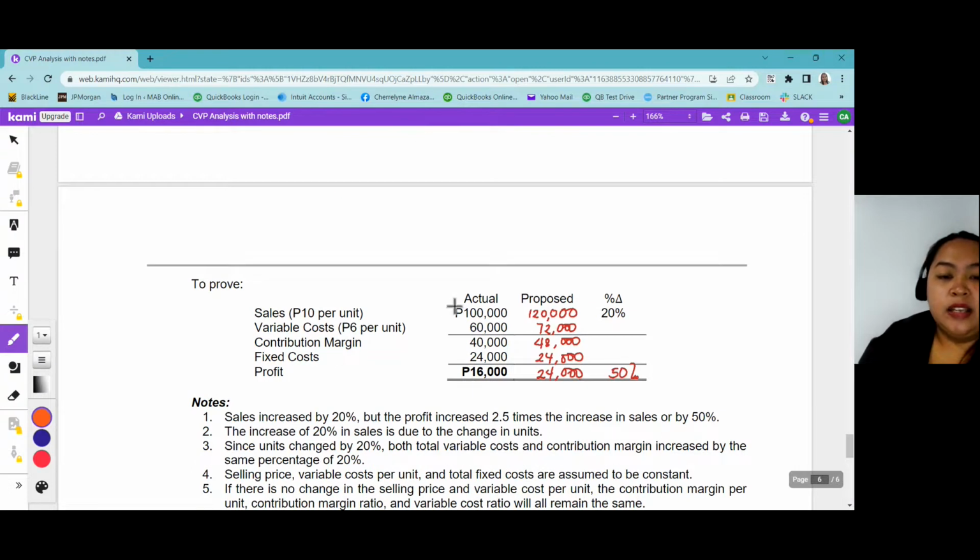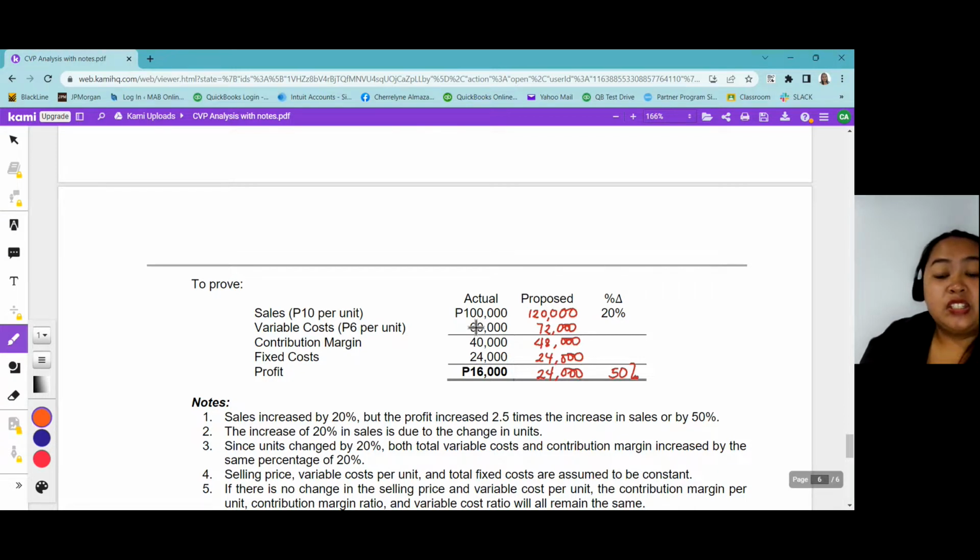Ito yung actual natin. Sabi niya, paano kapag yung sales natin is tumaas ng 20%? So 100,000 times 1.20, that is 120,000. Your variable cost will follow as well. Okay? So 60,000 times 1.20, that is 72,000, and your contribution margin is 48,000.